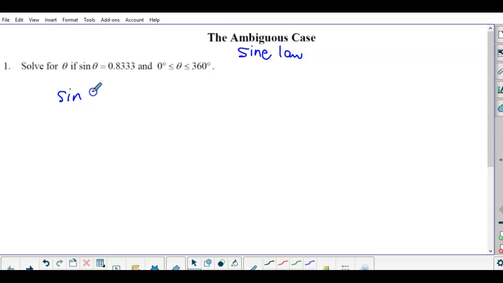It's a ratio. Often it's already in our calculator. In this case, it's given to us what that ratio is. When we are finding an angle, we have to do the inverse operation. So it looks in our calculator like sine with a -1. It's not an exponent. It means inverse of sine.